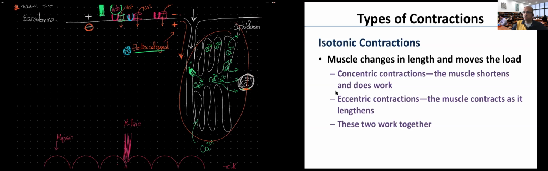This is my threshold stimulus. If I received a stimulus weaker than the threshold stimulation, no muscle fiber is going to be recruited in the muscle. So no contraction is going to be detected, no increase in the tension of the muscle.